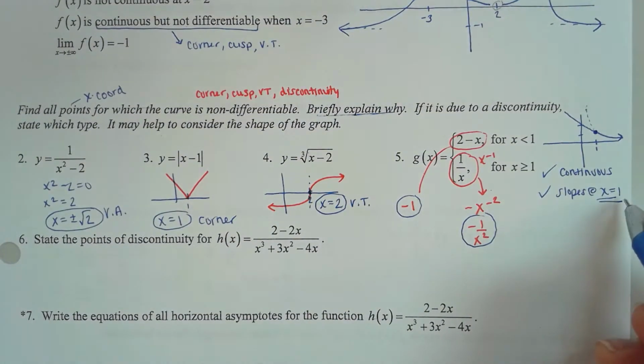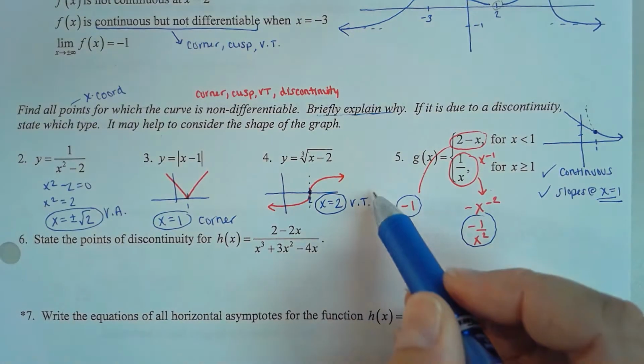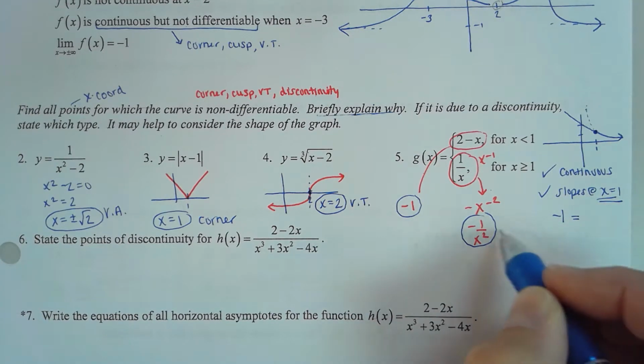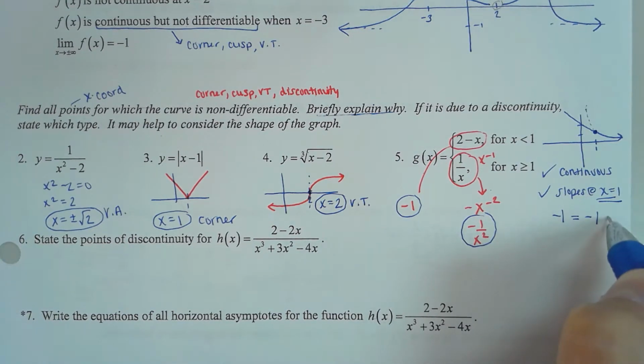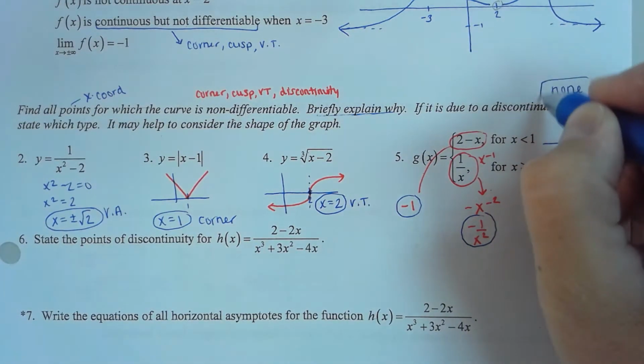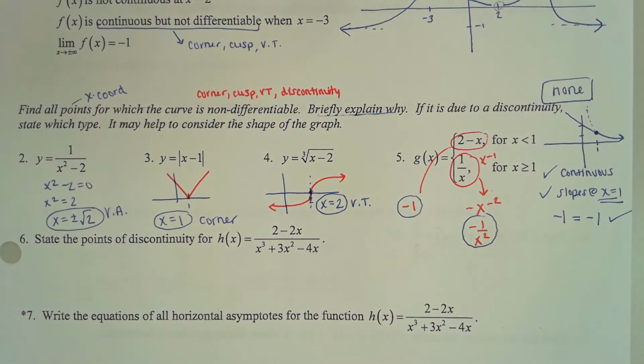I want to know what's happening at x equals 1. So the slope on the left is -1. If I plug in a 1 here, I also get a -1, so the slopes do match. So there are no points that are non-differentiable on that graph.